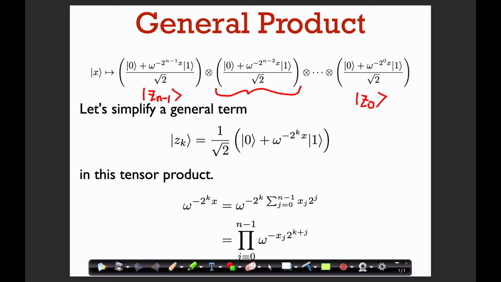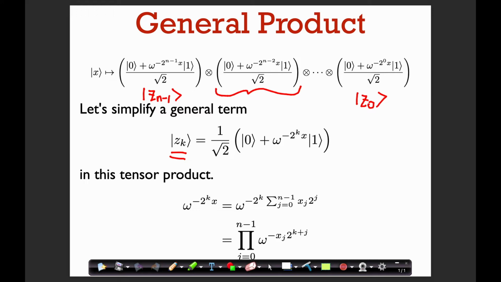Okay. All right, so now we're just going to focus on creating one of these zk terms. So let's dig into this term a little bit more. For the previous step, we looked at the binary expansion of a. Now we're going to look at the binary expansion of x, and we're going to use that. Omega to the minus 2 to the k times x is of course equal to omega to the minus 2 to the k times the sum over j of xj 2 to the j.